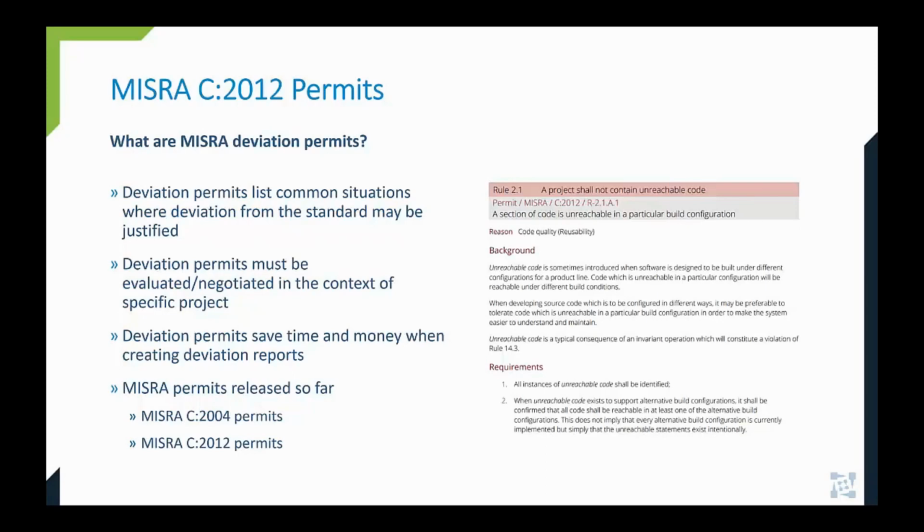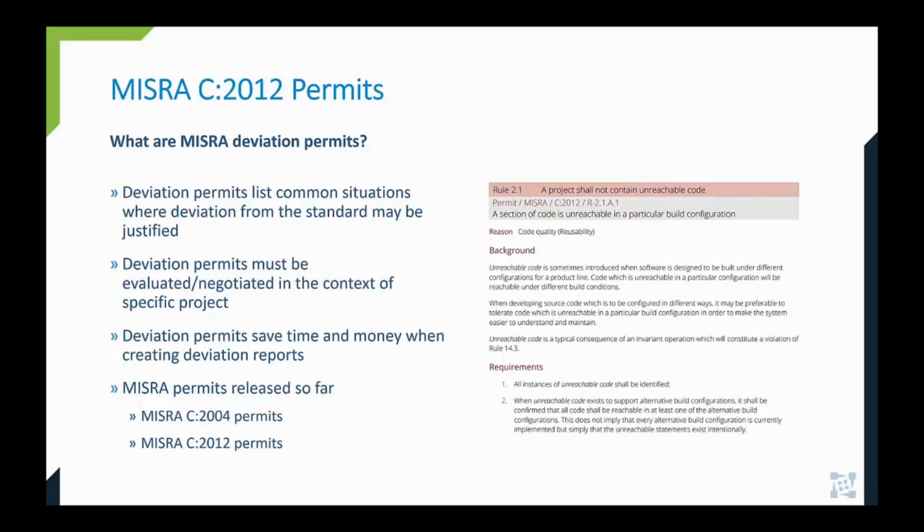MISRA permits are not blank permissions to deviate. The final decision must always be made in the context of the specific project. Deviation permits shall be evaluated and negotiated preferably at the beginning of the project.